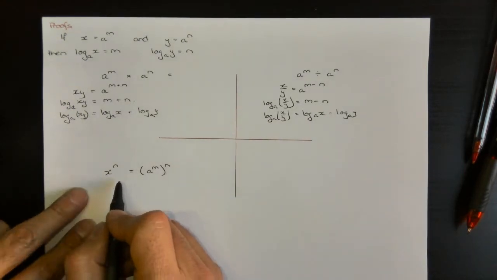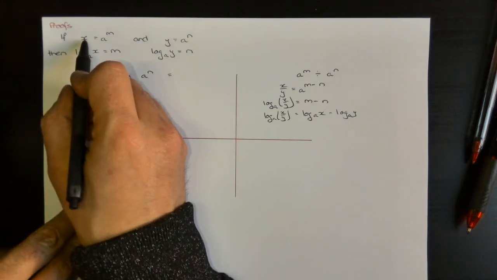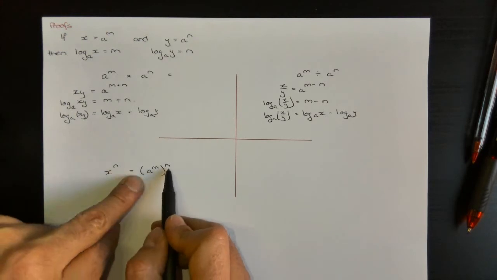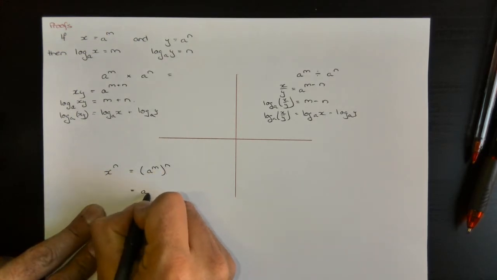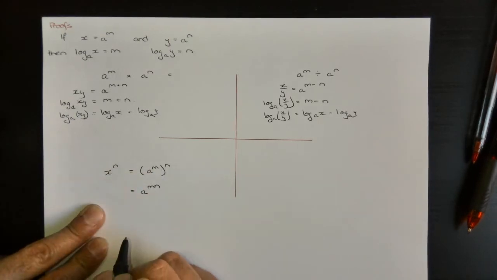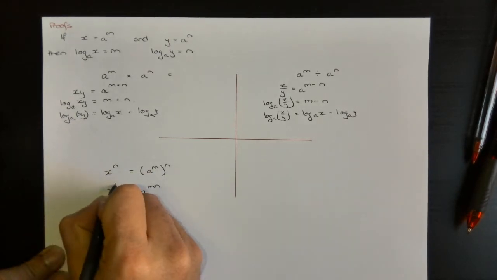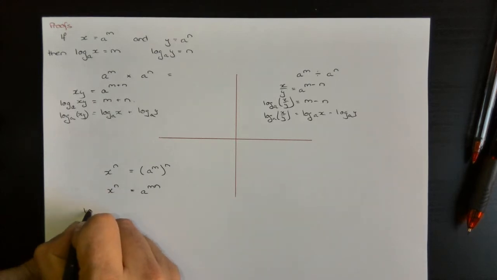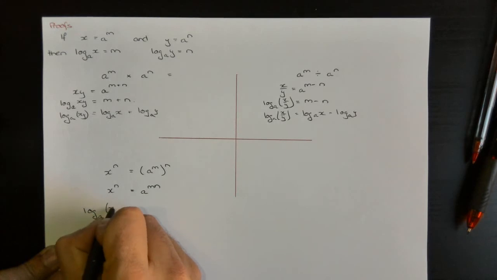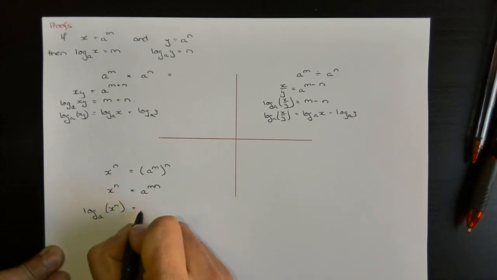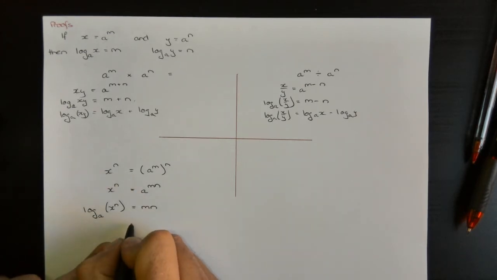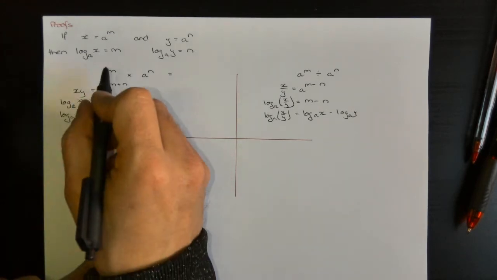Similarly here, if I have x and I raise it to the power of n, well, x was a to the power of m, and if I raise that to the power of n, that's going to be a to the power of mn, when we multiply the indices together. If we wrote that in log form, there's your base, there's the solution, and there's the index.